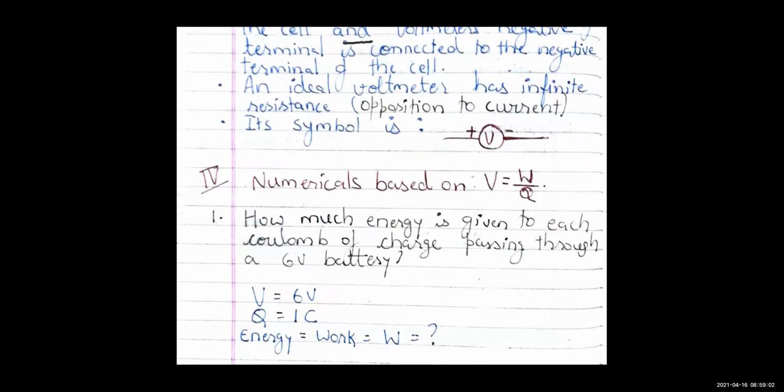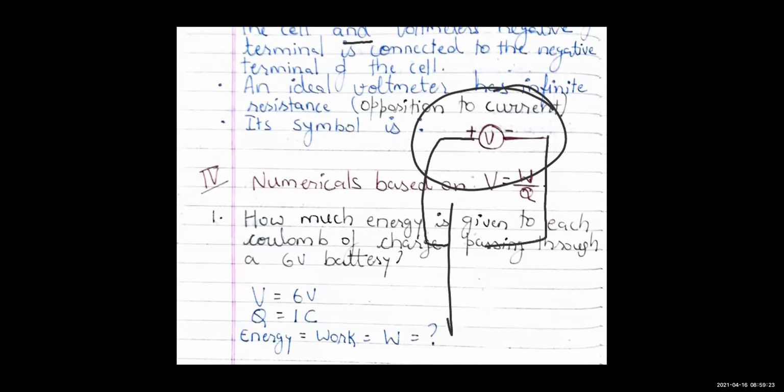Voltmeter symbol is this, that is in circle. You are going to write V. One side is positive, other side is negative. How is voltmeter connected in circuit? Voltmeter is connected parallel, right? It is connected parallel across the 2 points. And the positive of the voltmeter is connected to the positive of the cell, and the negative of the voltmeter is connected to the negative of the cell, right beta?